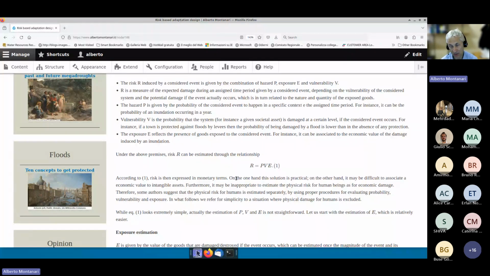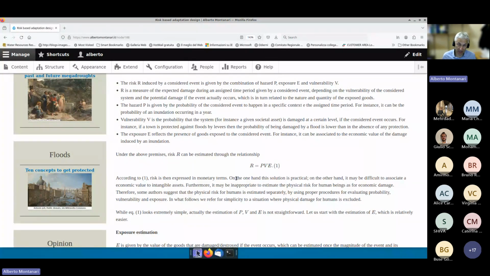So let's consider that R is the risk that we get in the considered time period. If the probability is in fact the probability that we get an assigned event in a given year, then R is the average risk that we get during the same time period of 1 year.